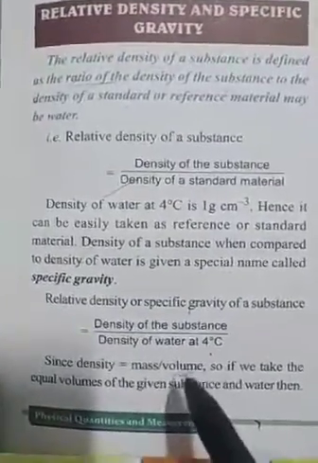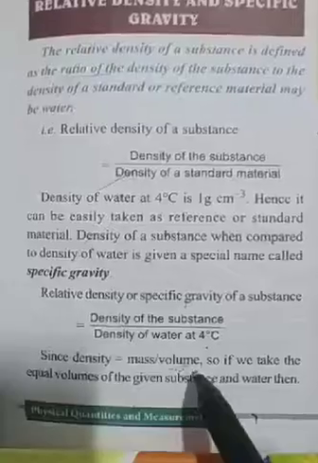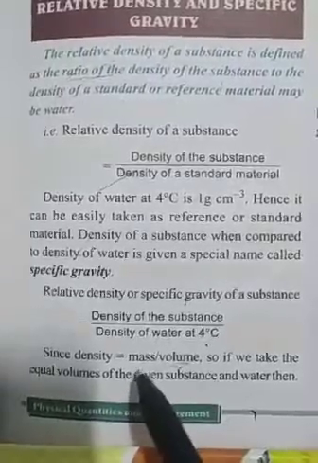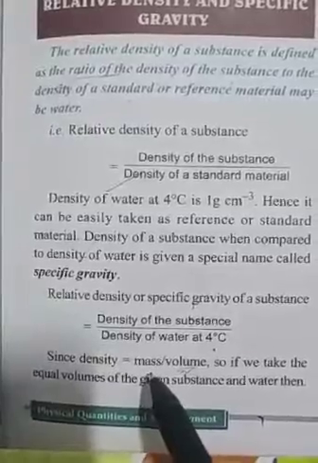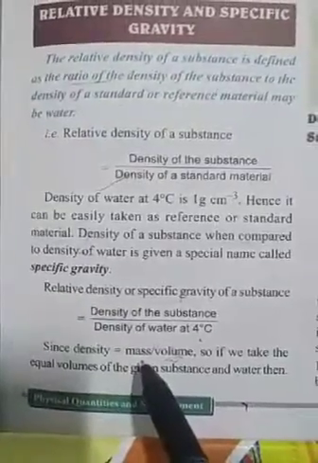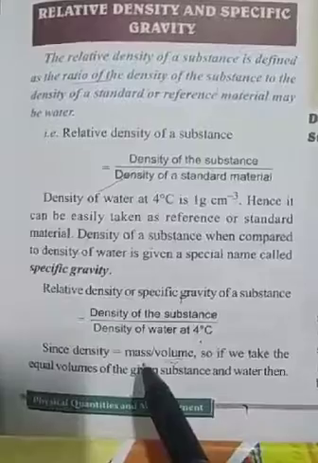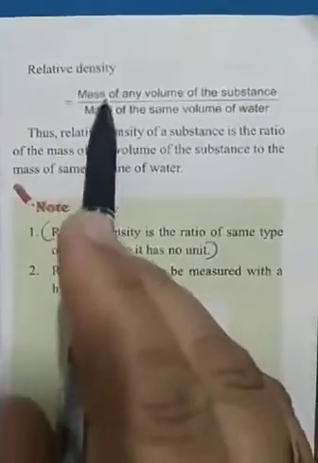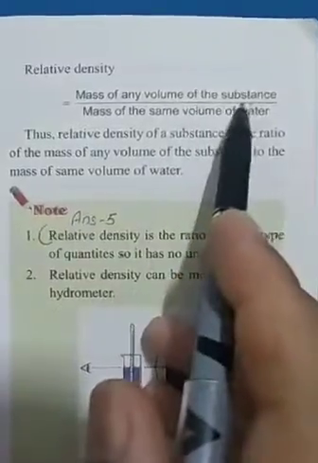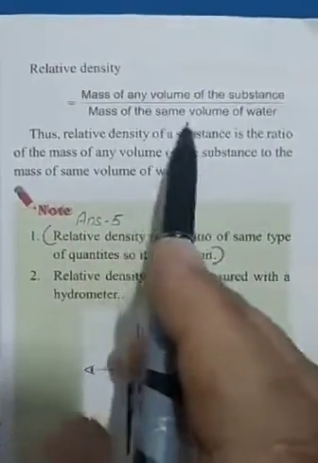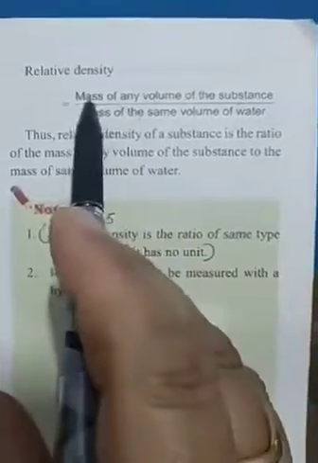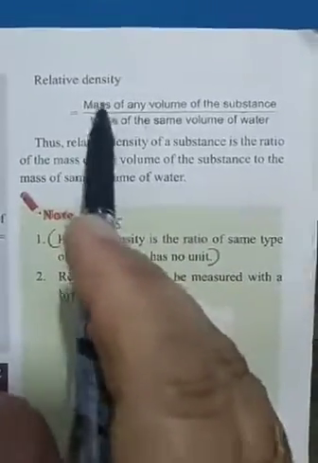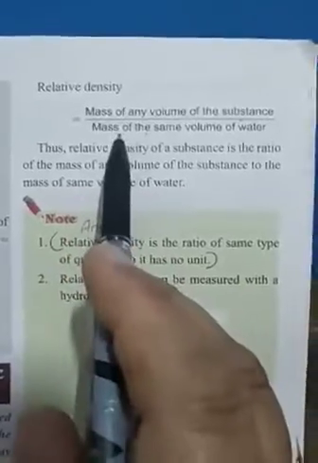So if the volume is the same, you take the masses of both the substances: the substance whose relative density you want to find out, and the standard, water in this case. In that case, the formula will be the mass of any volume of the substance divided by the mass of the same volume of water. So the volume should be the same in both the cases, and you just take the ratio between their masses.